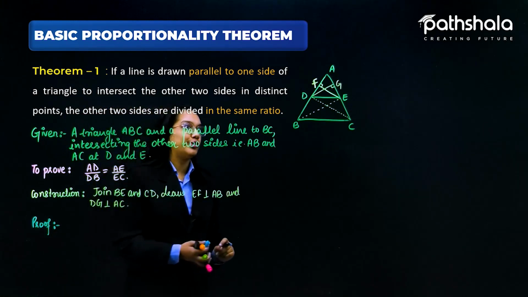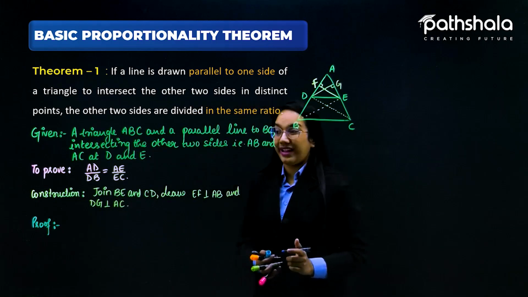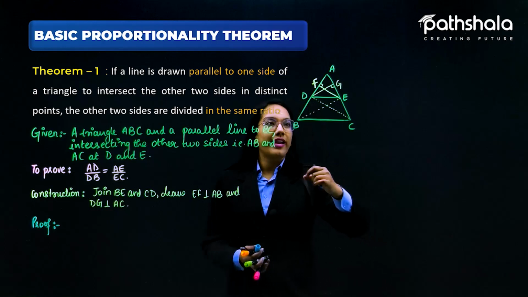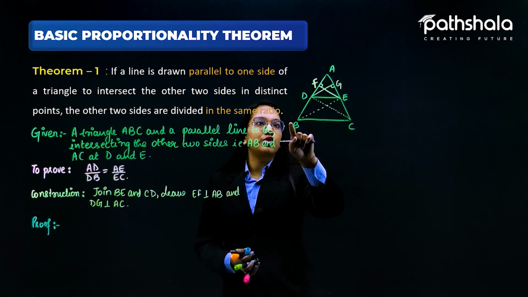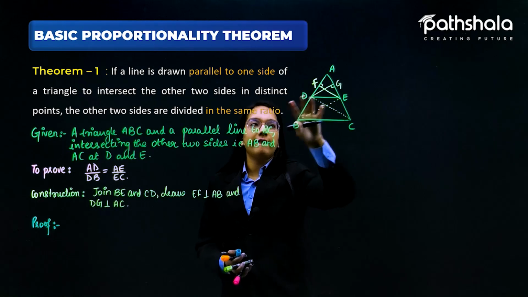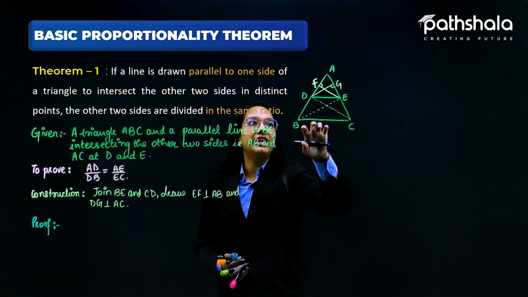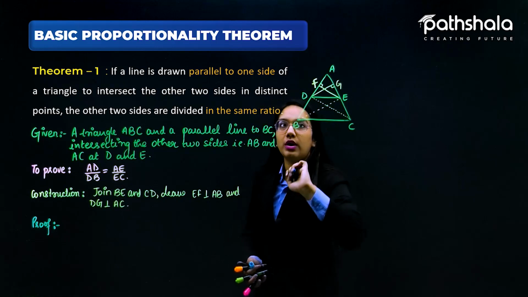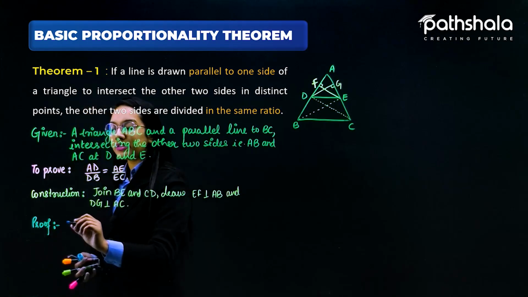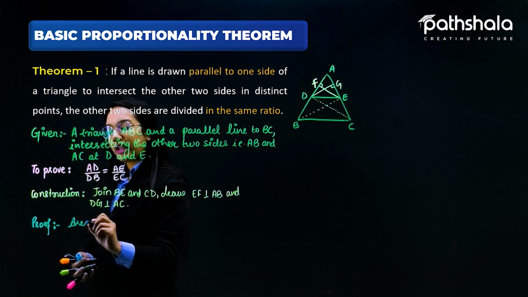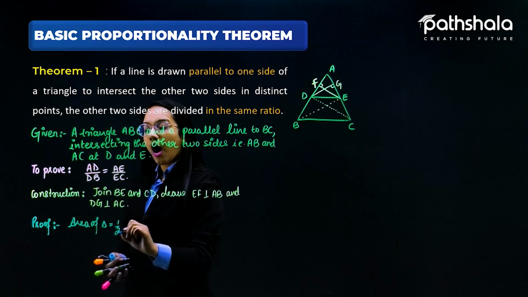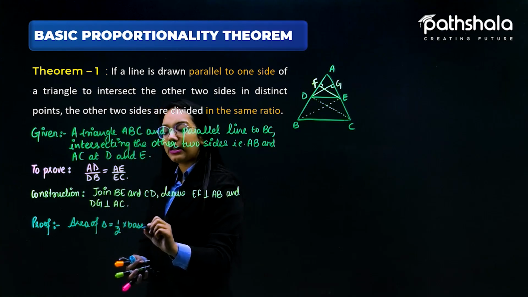First of all, in order to prove that AD by DB is equal to AE by EC, I am taking the triangle BDE. So I am starting everything with the triangle B, D, E. As you can see, we know the area of a triangle is half into base into height.